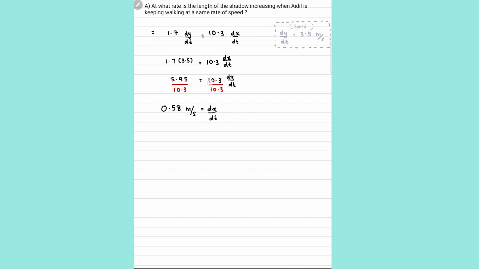So we need to remove this by simply dividing by the number itself, 10.3, and the left side as well, divided by 10.3. After the division has been completed, we have dx over dt, which is equal to 0.58 meters per second. Hence, every time Ideal walks at a rate of 3.5 meters per second, the shadow length will increase at 0.58 meters per second.